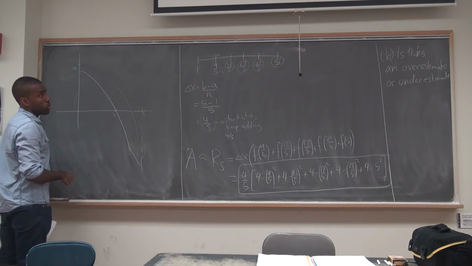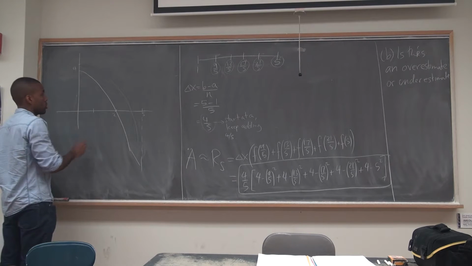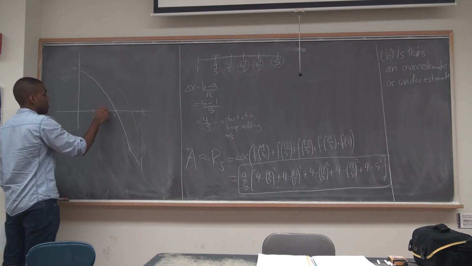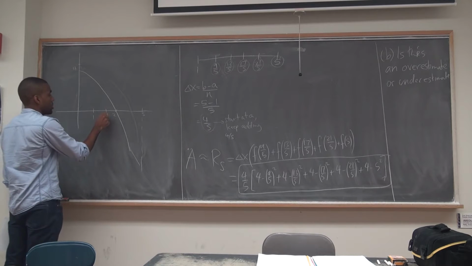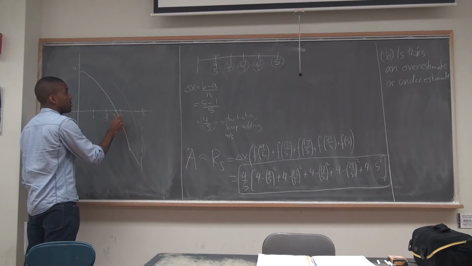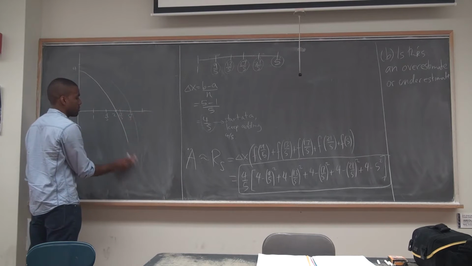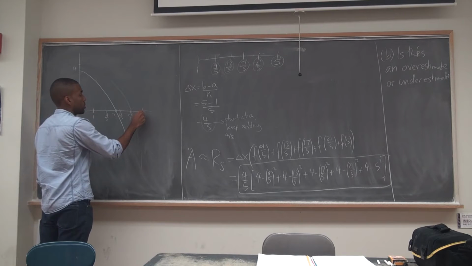We started at 1 and went 9 over 5, 13 over 5, 17 over 5, 21 over 5.